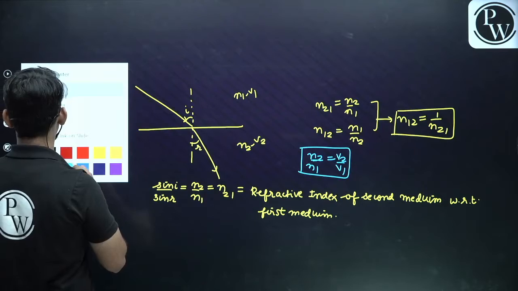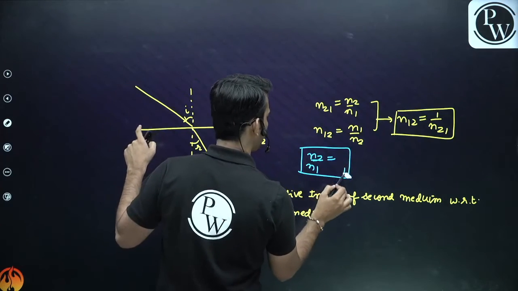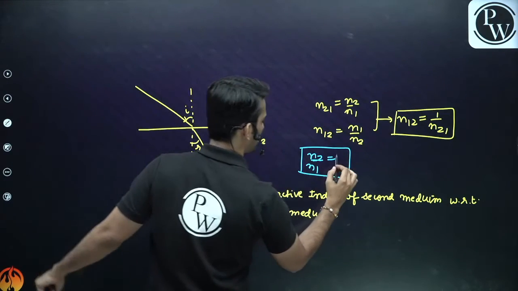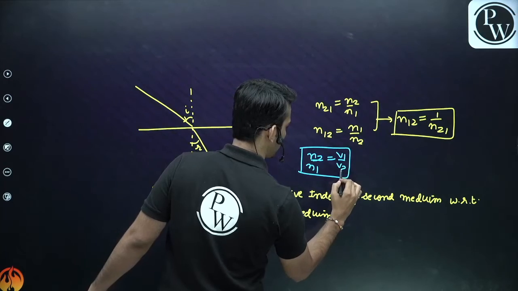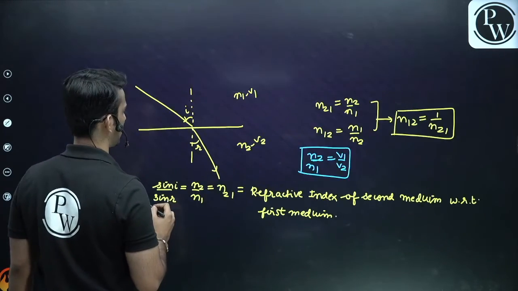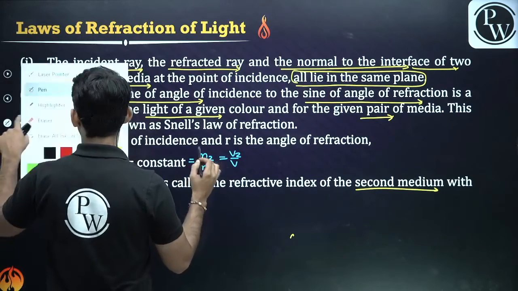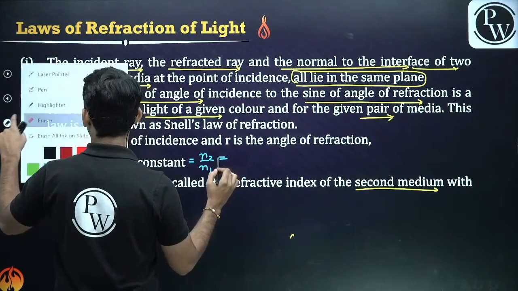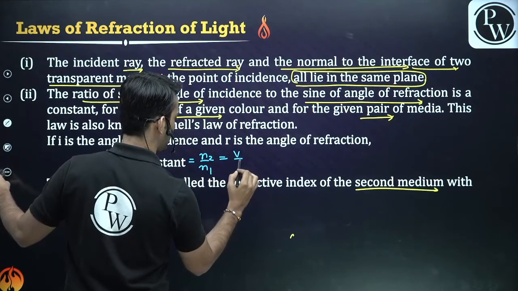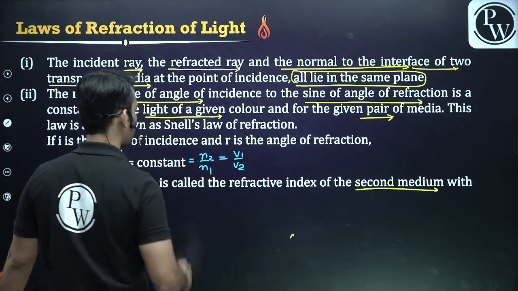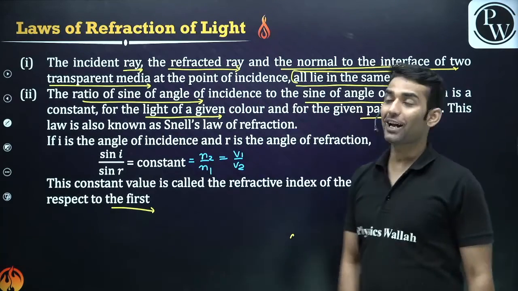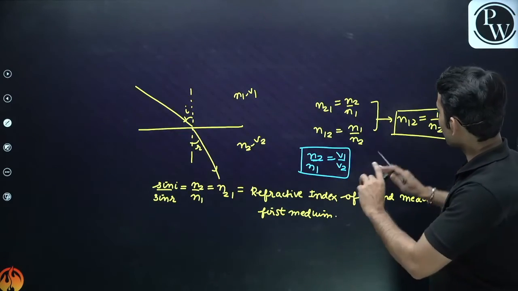My bad. It is inversely proportional, na? It is v1 upon v2. Sin i by sin r is constant. Okay? So guys, these are the very, very important formulas you should be knowing.